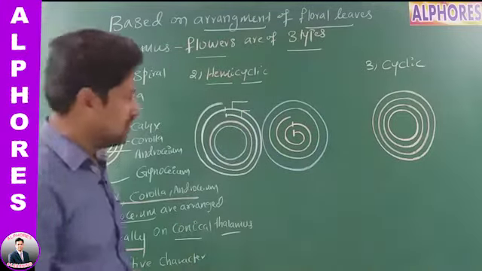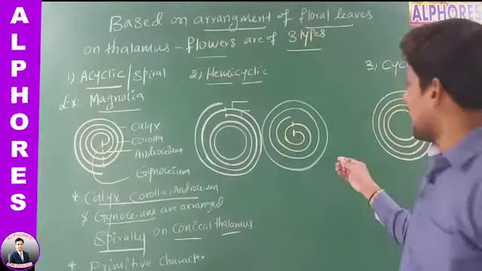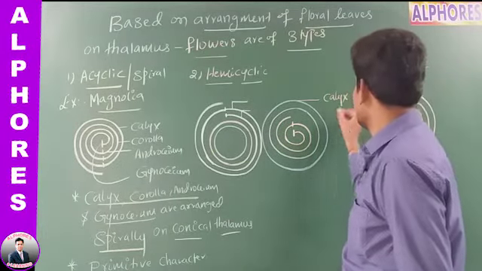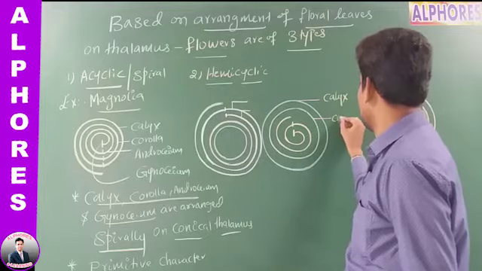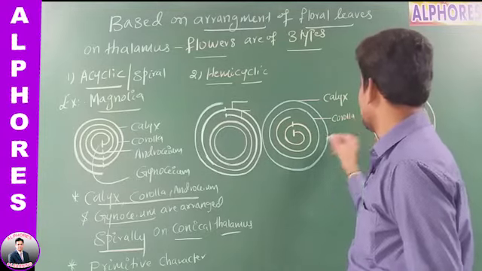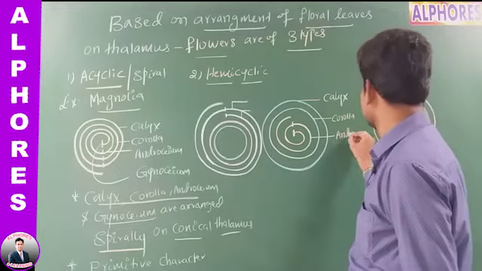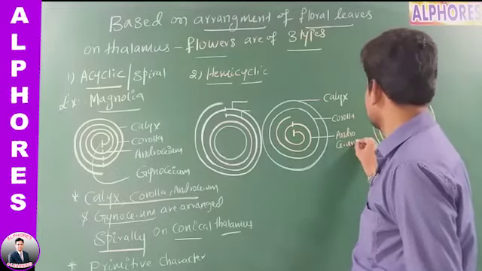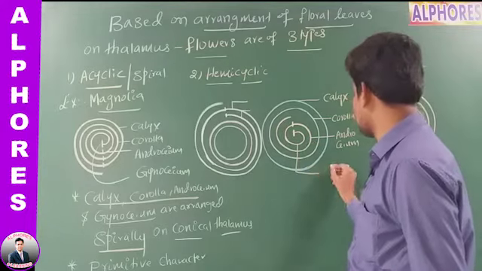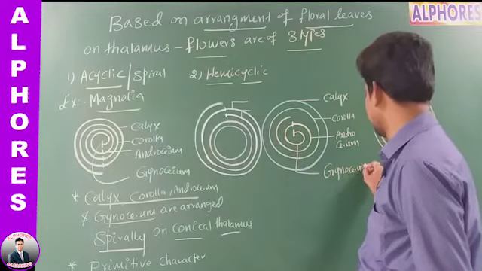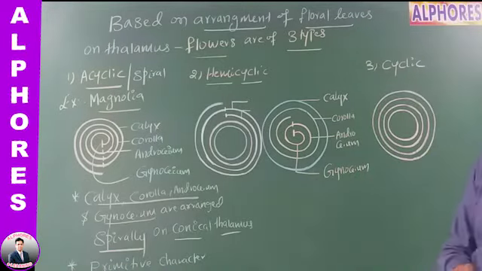See here once. In this diagram, this is the calyx, this is the corolla, this is the androecium, and this is the gynoecium.